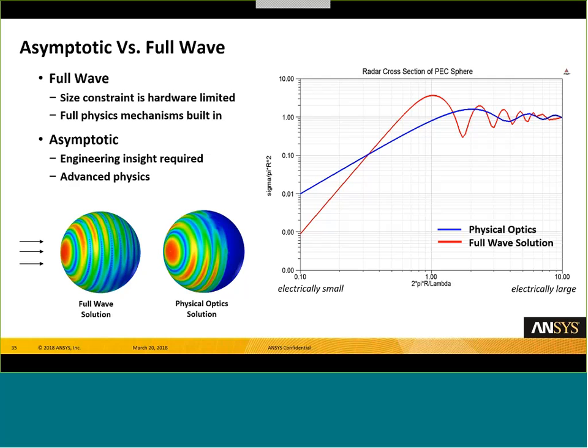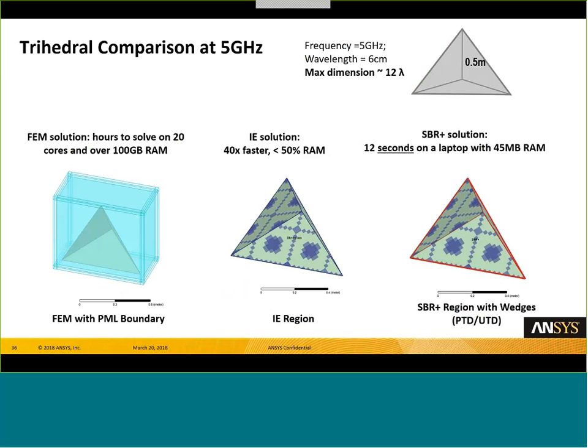And these two results are really just a reminder that there's certainly engineering judgment that needs to be applied when using asymptotic techniques. But as we're about to find out, when you use them correctly, it really opens up the space for what we can do. So let's go back to some of the canonical test objects to put these different techniques to the test, and we can talk about some of the performance benefits that we can get.